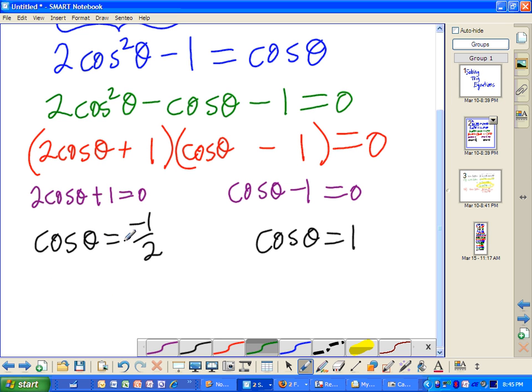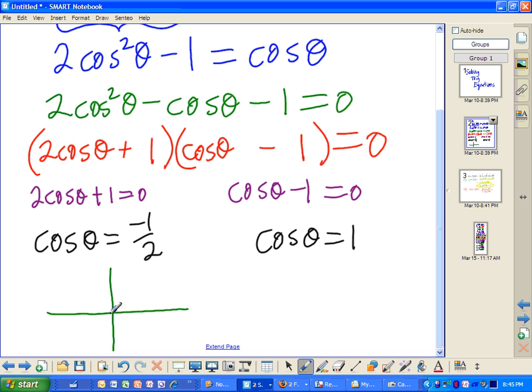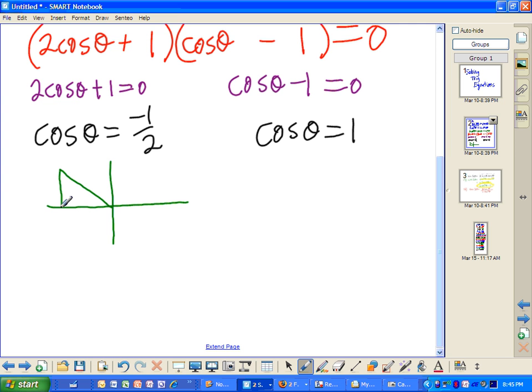Well, I know cosine is negative in quadrants 2 and 3, so I'm just going to draw this out. Now I have negative 1 over 2 and negative 1 over 2. So this is going to end up being square root of 3 and negative square root of 3, using the Pythagorean theorem. These are right triangles. So this means that I have a 30, 60, 90 triangle.